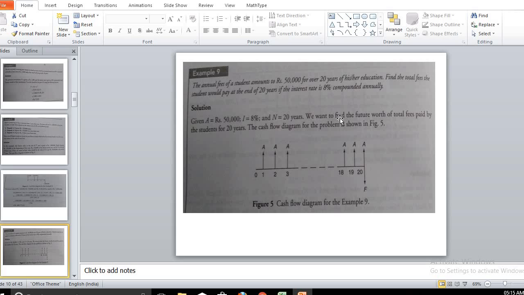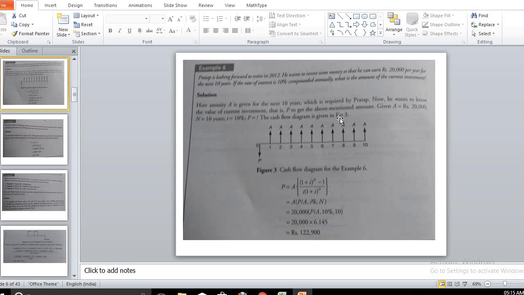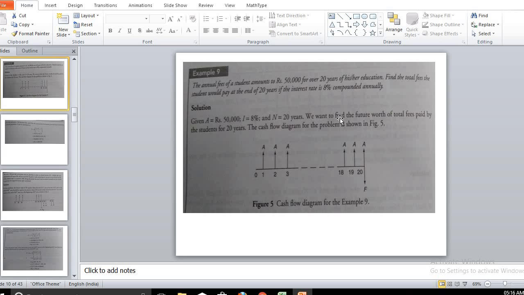This example is about how much value you should invest to get that particular amount in the future. So this example is based on finding the future value from a particular given annuity.